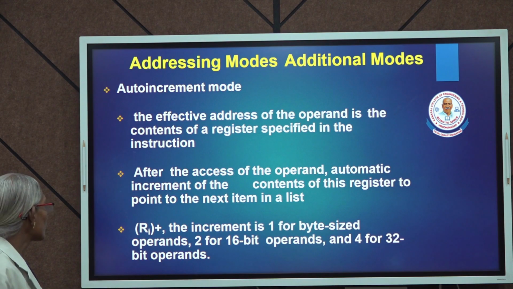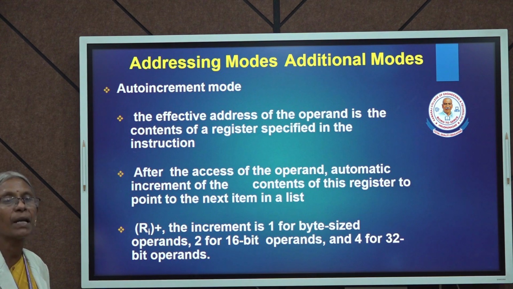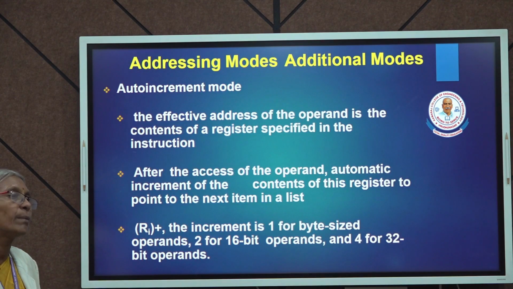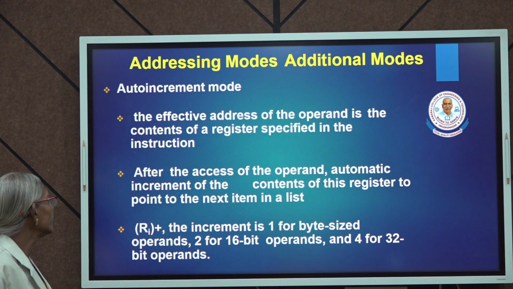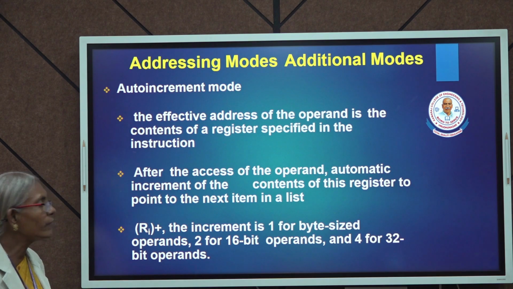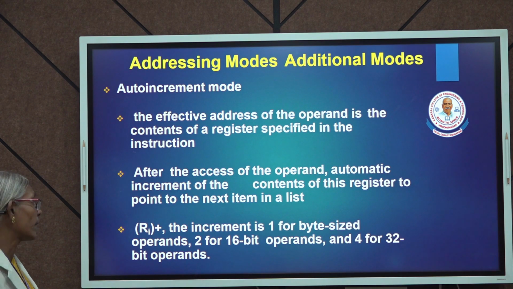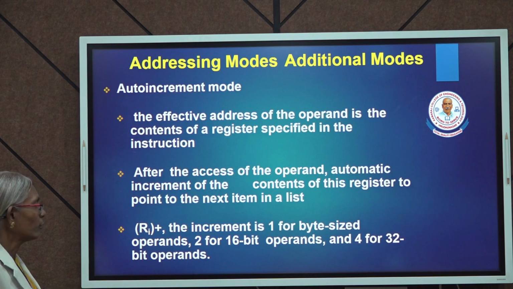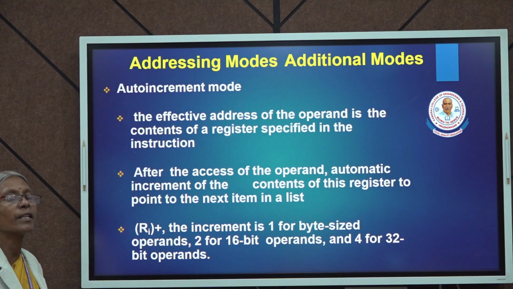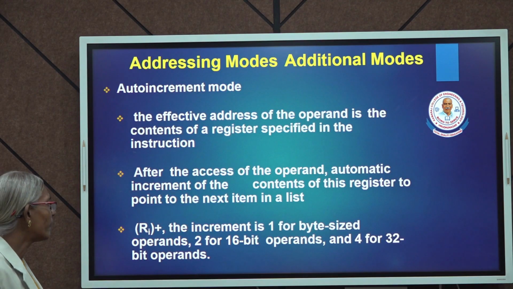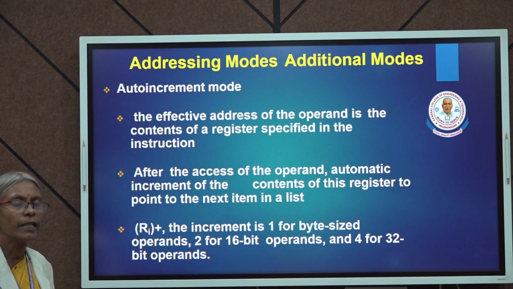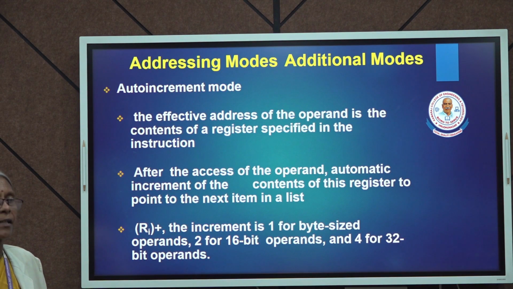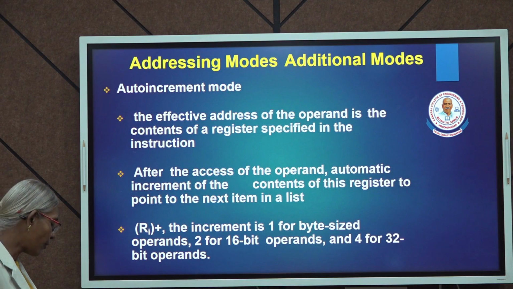One example is Ri plus, where Ri may be any register, for example R6 plus. The increment is always 1 for a byte-sized operand. If the operand is 16 bit, then Ri is incremented by 2, and if it is a 32 bit operand, then the register is incremented by 4.